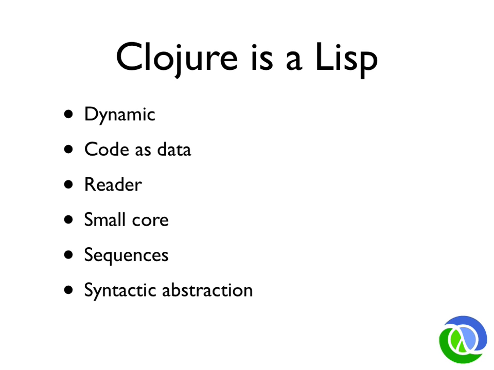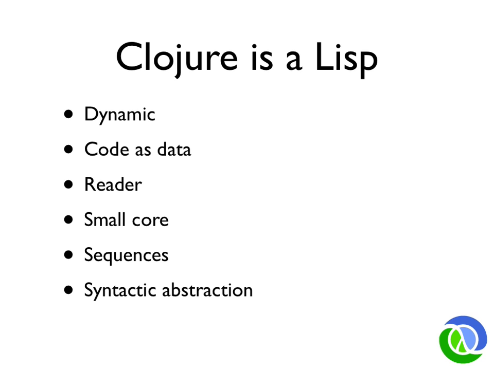A fundamental feature of all Lisps, if they want to be a Lisp, is that code is represented as data. And again, I'll explain that in detail. There is a reader, which is part of the implementation of code as data, something in between your text and the evaluator.